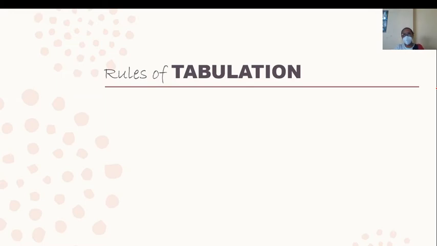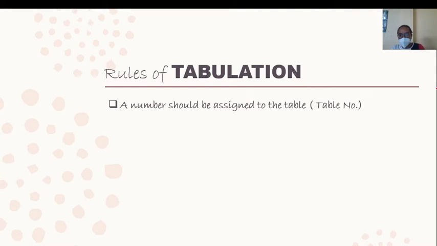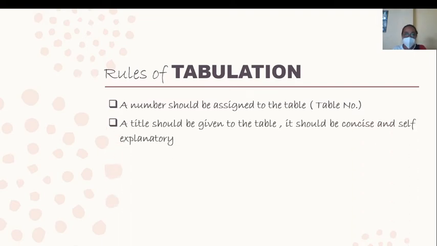Now, what are the rules of tabulation? First, a number should be assigned to the table. Yes, that is very important. Sa mga books, kapag meron tayong nakikitang table, may table number, tapos may nakalagay na title. And for the second, a title should be given.